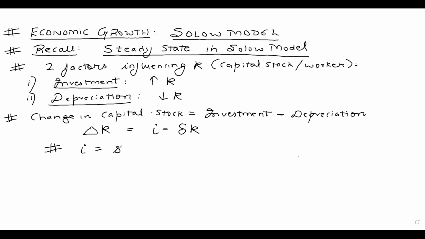The savings rate times the production function, which is my output. Savings rate into output gives me savings, and investment is equal to savings. So I can write the change in capital stock per worker is equal to investment, which is s f of k, minus delta k.